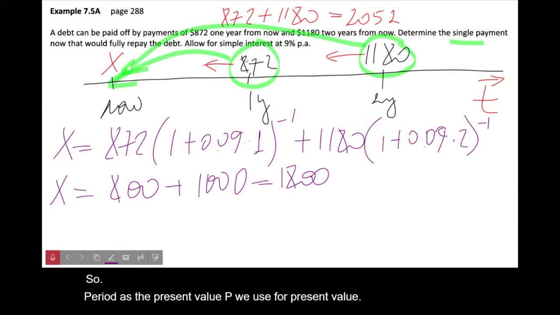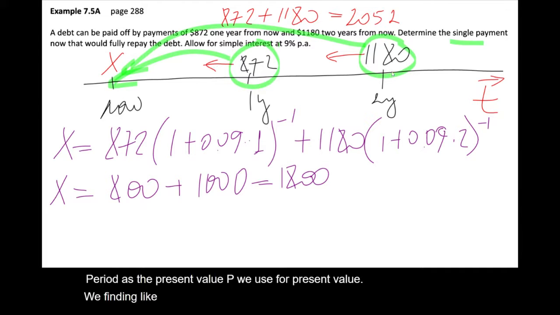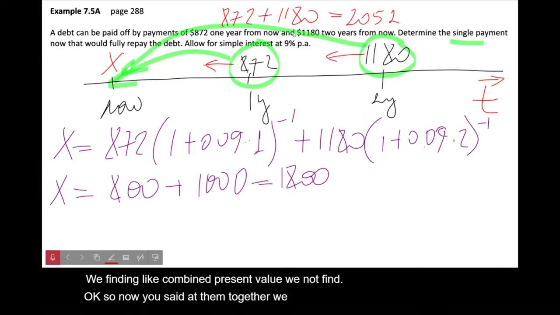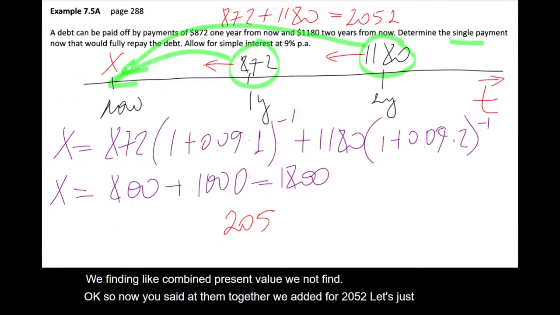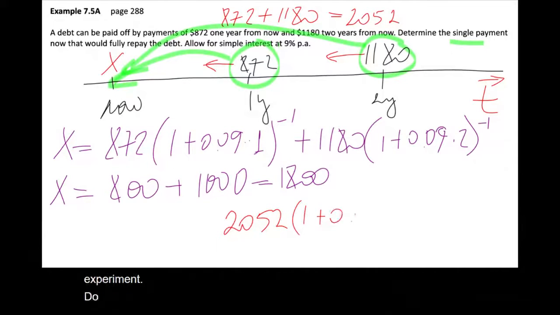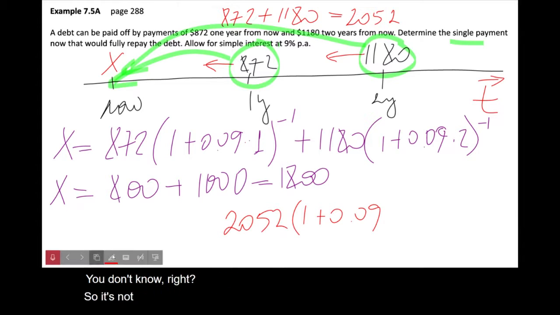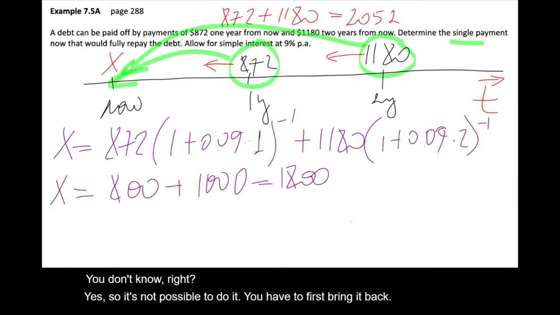Well, we're finding a combined present value. Okay. So now you said add them together. We added for 2052. Let's just do that as an experiment. Now tell me please, what should I put for time? Where is 2052 located? You don't know, right? So it's not possible to do it. You have to first bring it back and then add them together.